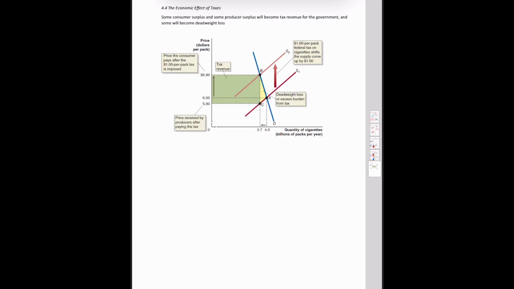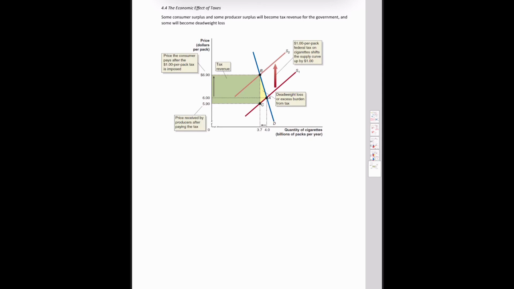If a $1 per pack tax on cigarettes is imposed, supply curve is going to shift up by $1, and we will see the supply curve shift to price $6.90. $5.90 is the price received by producers after paying the tax.